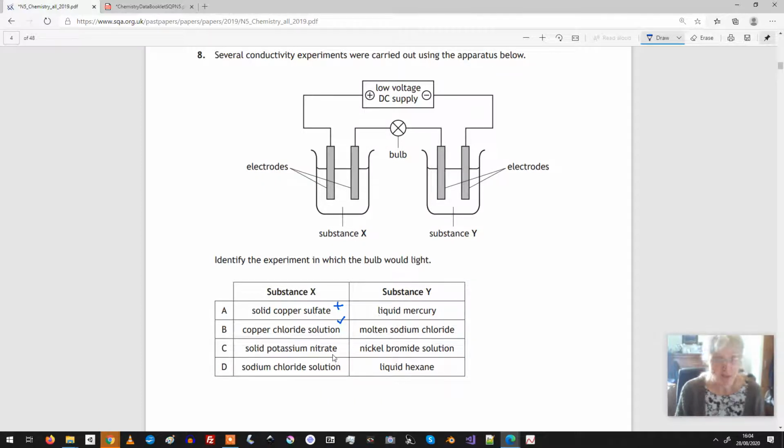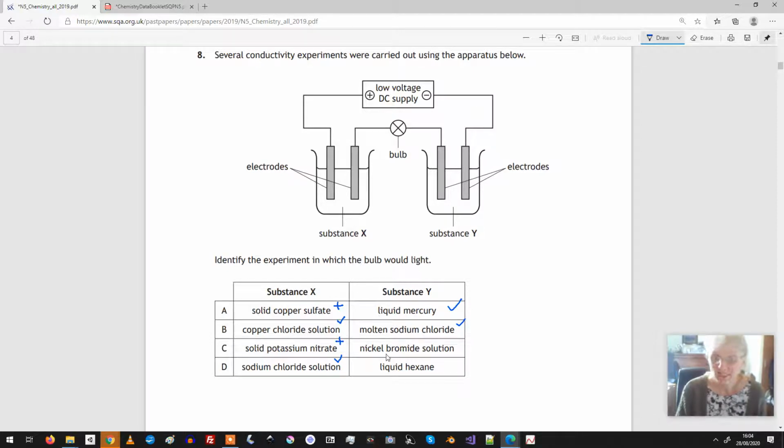Solid potassium nitrate, that's a no because again ionic compounds don't conduct when they're solid. Sodium chloride solution, that's a yes. Liquid mercury, that's a yes. Molten sodium chloride, that's a yes because ionic compound and it's a liquid.